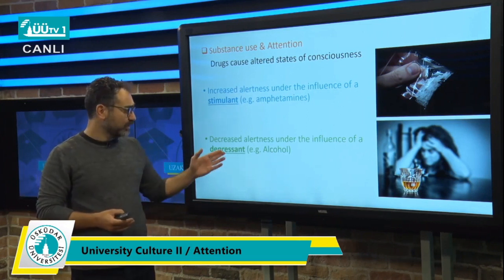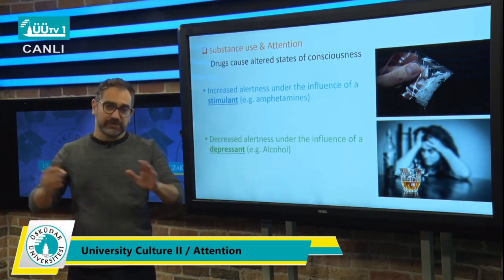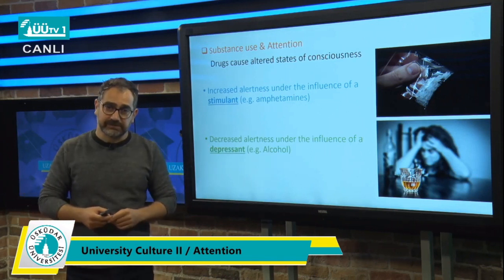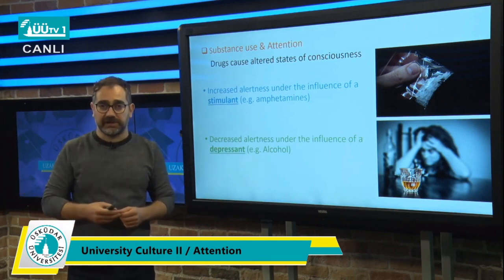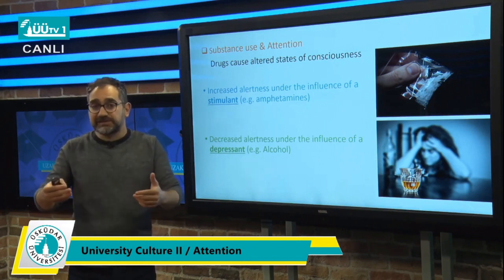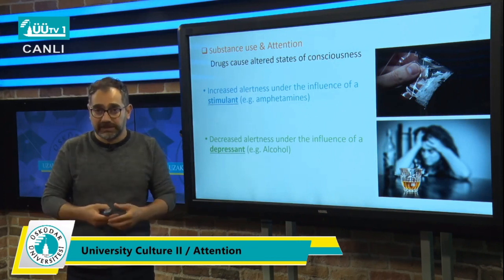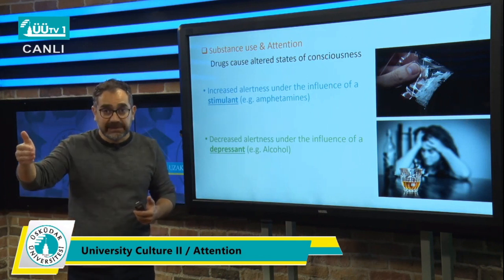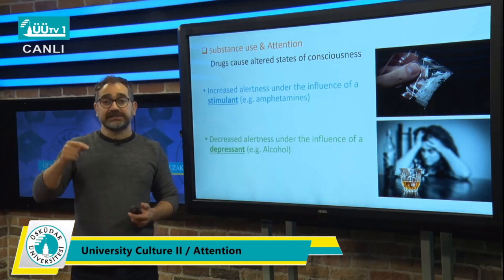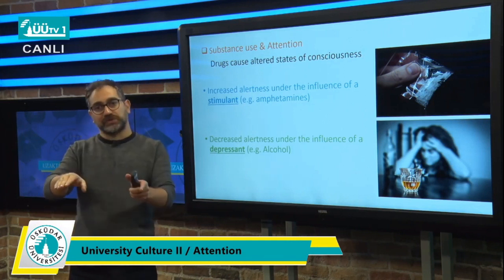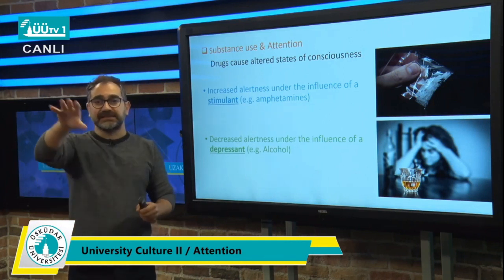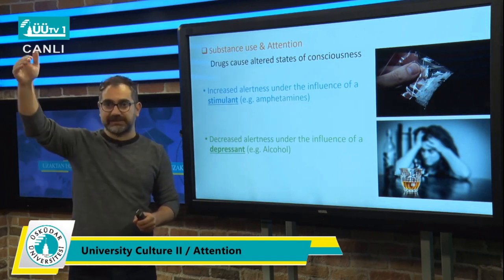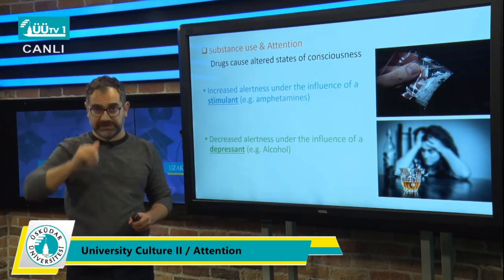So with the depressants, what goes out of the window? The reflexes, for example. So when the person is driving a car, the reflexes will not work in a healthy way. At the same time, this person won't be able to attend to relevant stimuli, such as the road, such as the signs on the road, right? Such as red light, green light, those things.